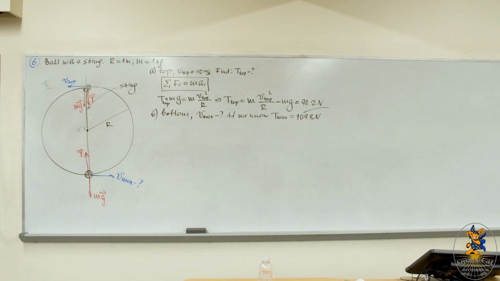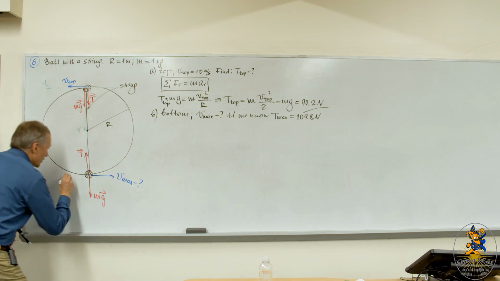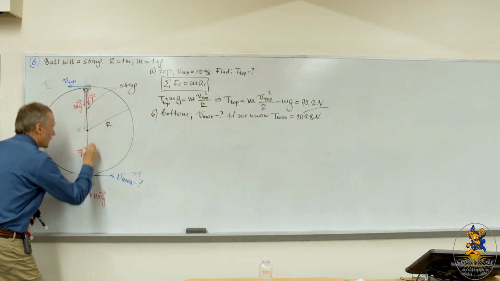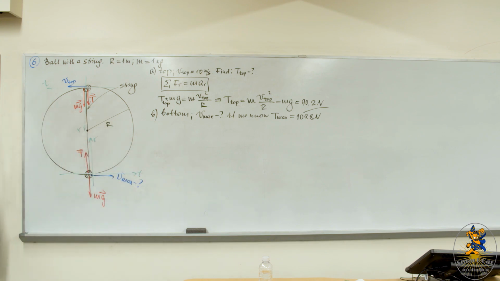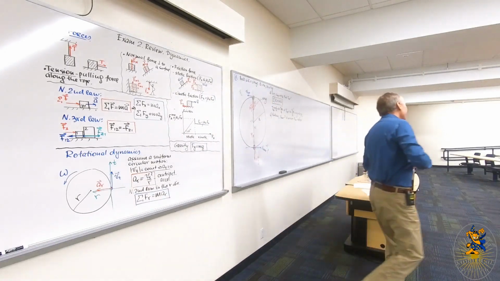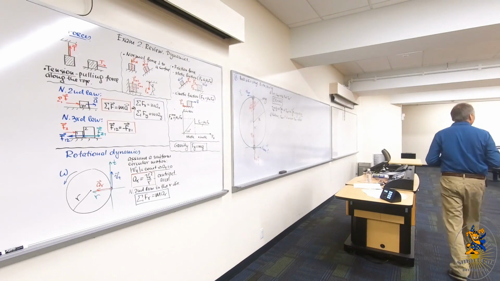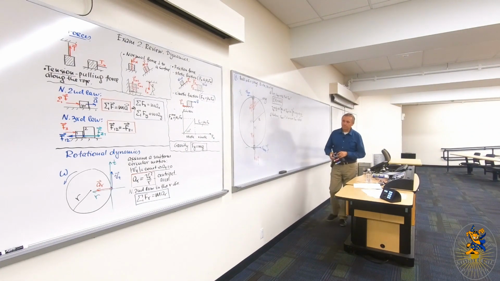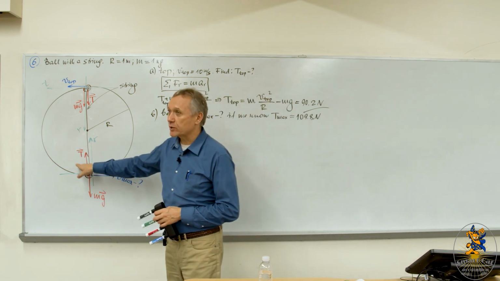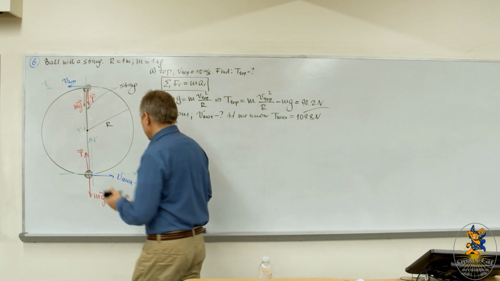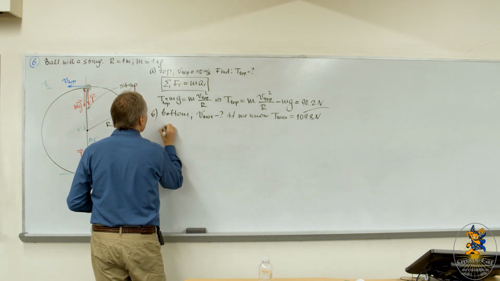And in the coordinate system, again, imagine freezing the system at this moment and introducing a coordinate system. Tangential direction, t-axis, and r-axis towards the center. So tension is positive, mg is negative relative to the chosen positive direction. So now let's apply Newton's second law again.